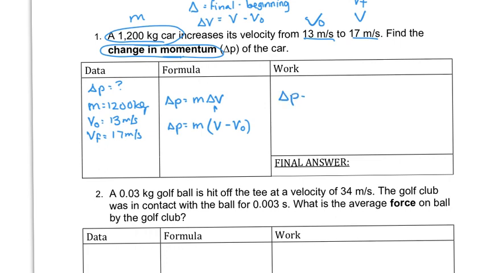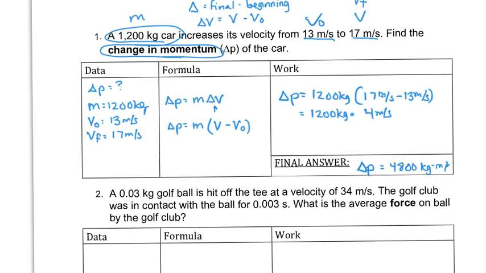Delta P equals 1,200 kilograms, that's going to be multiplied by 17 meters per second minus 13 meters per second. And 1,200 kilograms times 4 meters per second is going to give us a delta P of 4,800 kilograms meters per second.